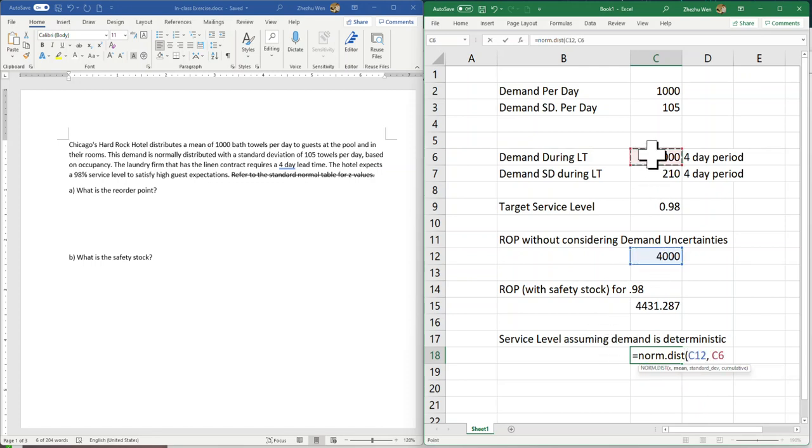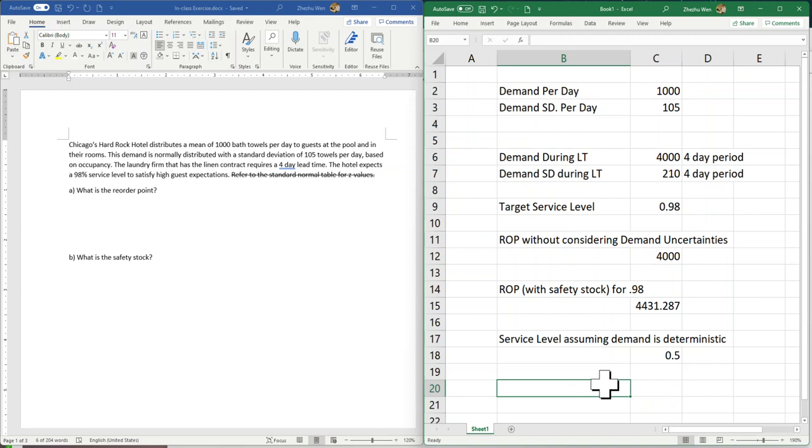Your average is 4,000. If there's no turbulence, you're only satisfying 50% of the demand. Your service level is only 50%. However, to bump the service level from 50 to 98%, an additional quantity is needed. I hope this process makes sense to you.